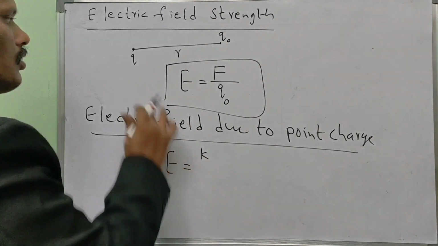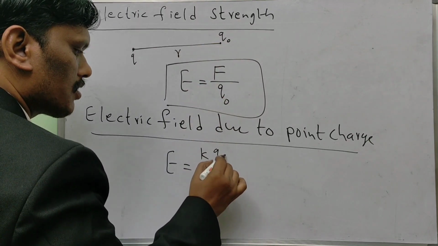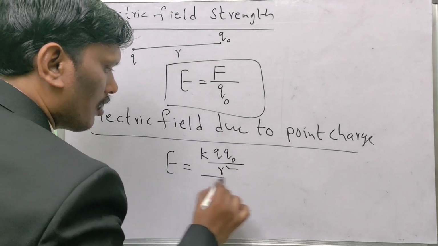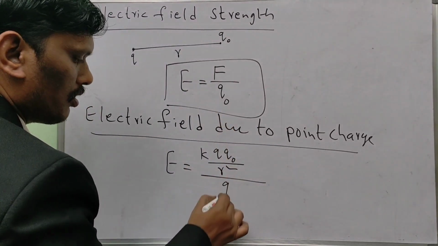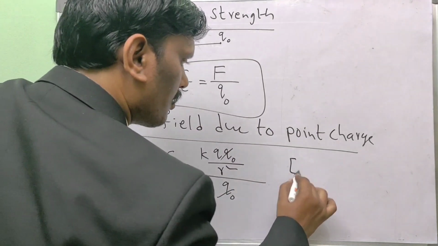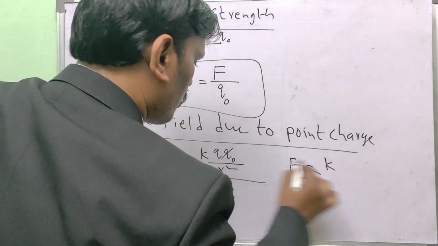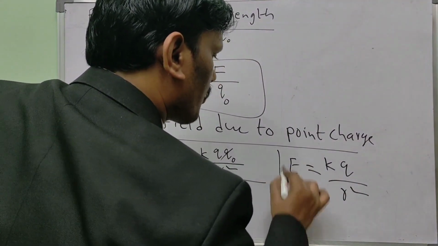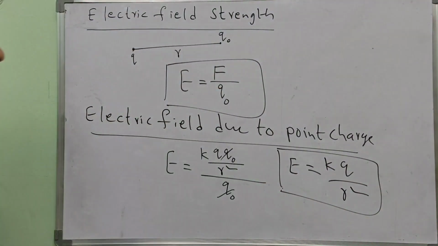K into the product of the two charges, Q times Q naught, by distance square, upon Q naught. Q naught cancels. Then what is E? E is K into Q by R square. This is the electric field formula.